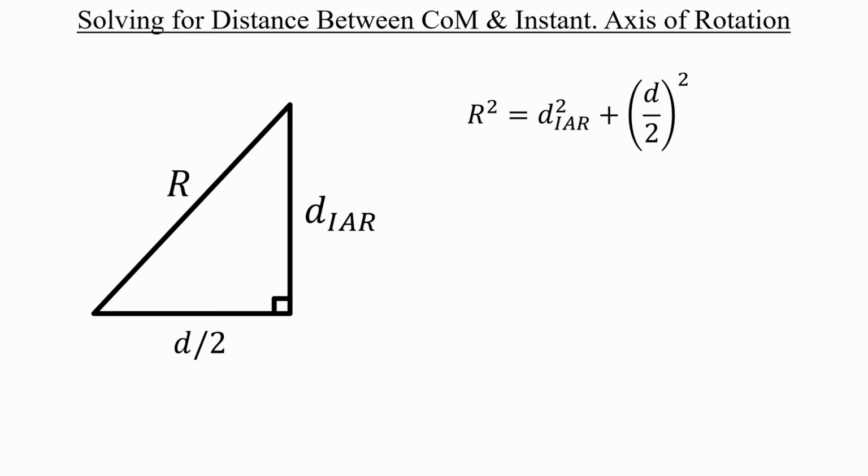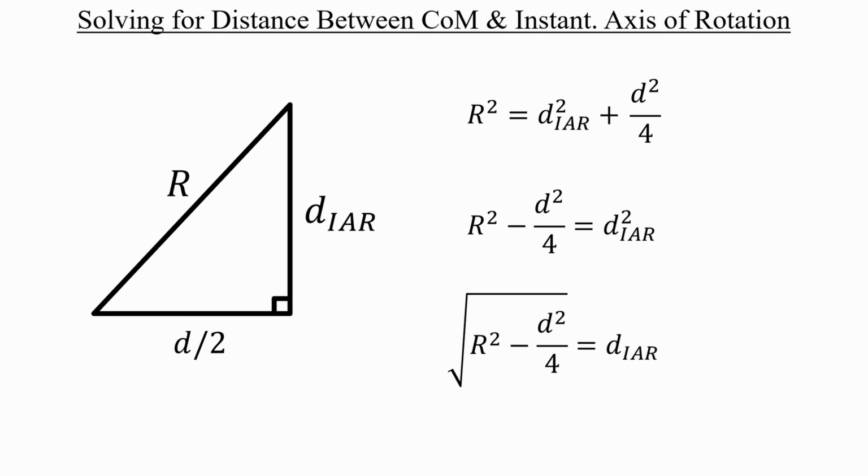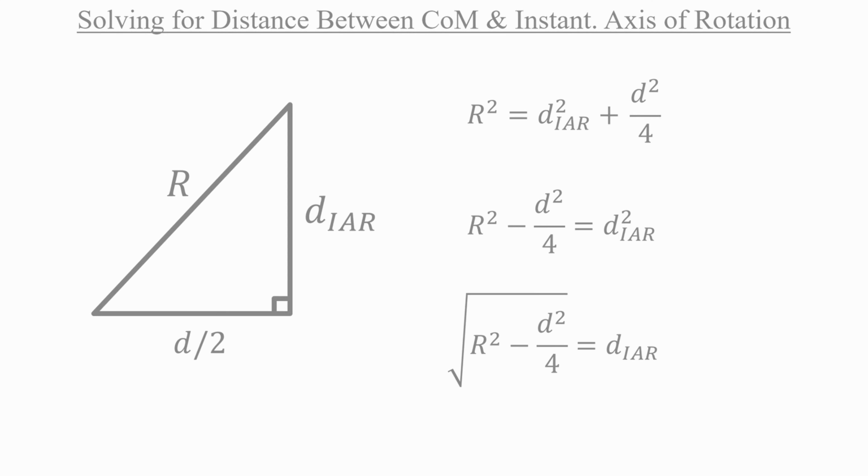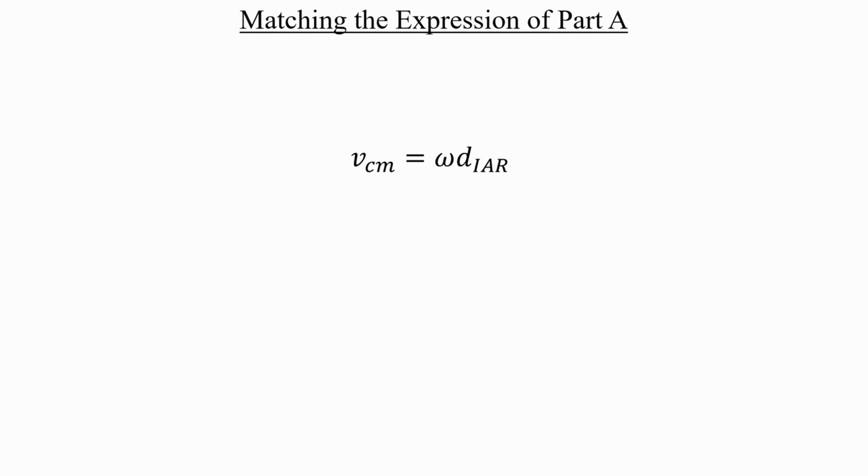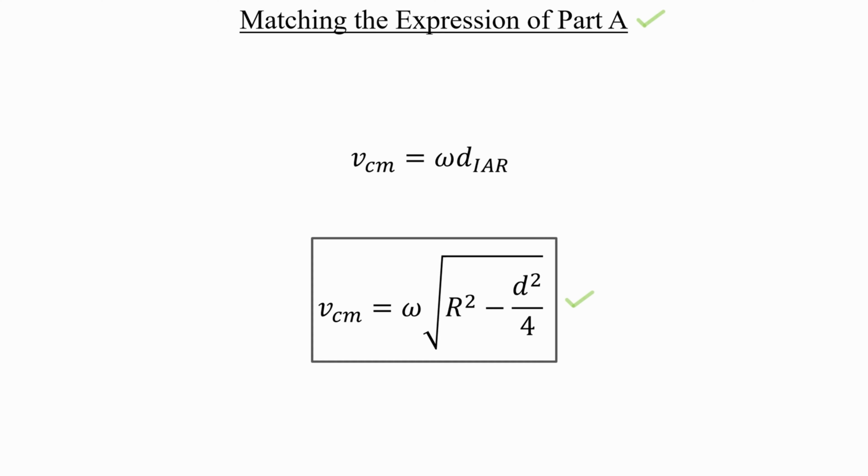Let's take that (d/2) squared term over at the end and expand it. If we subtract that from both sides, and then we take the square root, d_IAR is now isolated, and we're ready to create the center of mass velocity equation. If we plug in that square root piece for d_IAR, we get exactly what we were looking to match.